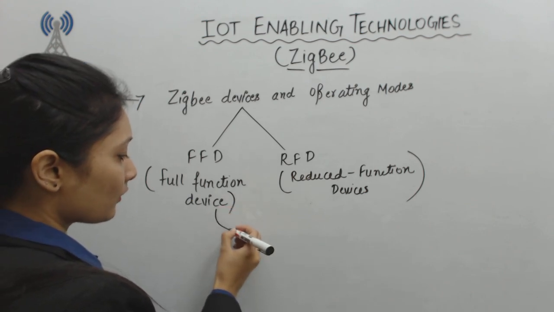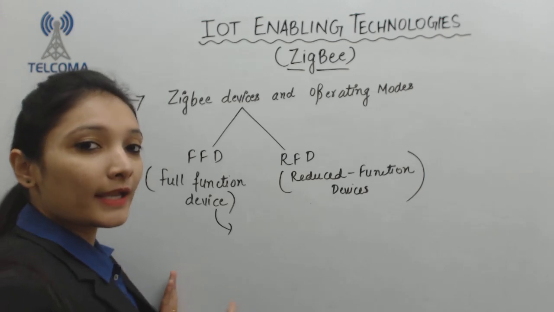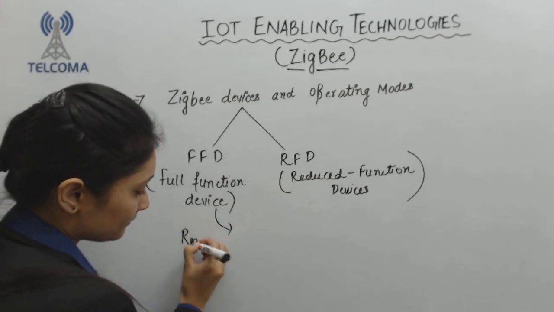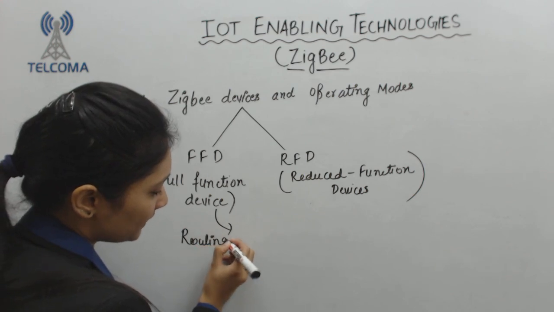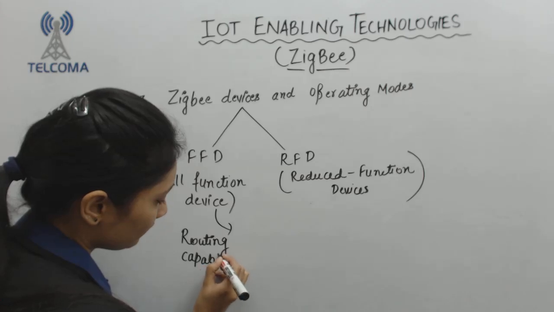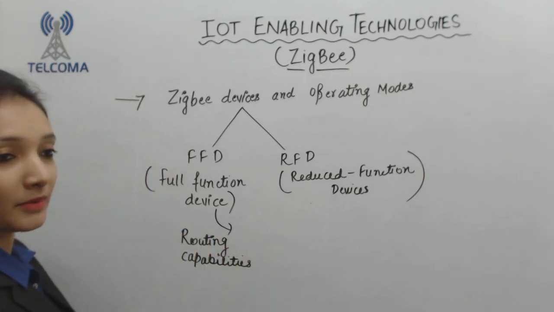Now, if you talk here about the full function devices, that means this is an intelligent device system, because this here contains especially the routing capabilities.